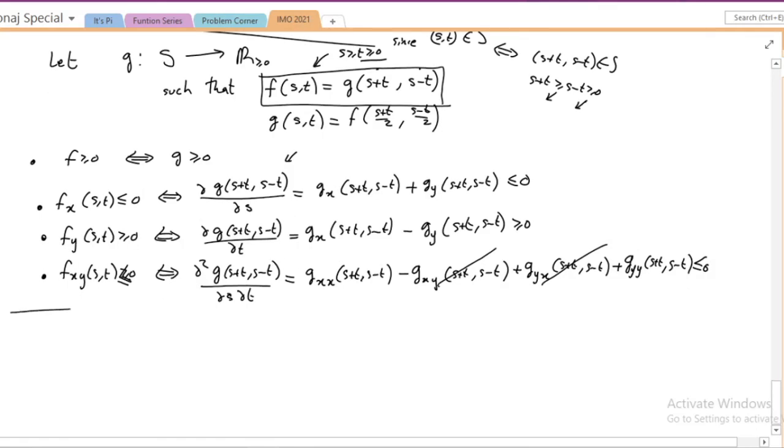So the conditions become g greater than or equal to 0. The terms within are not really changing, so you can just change the variables back.